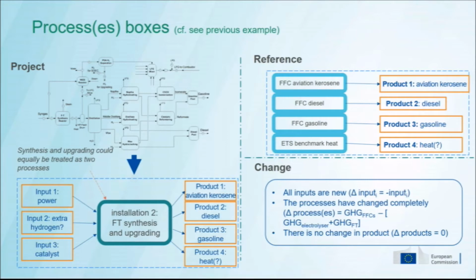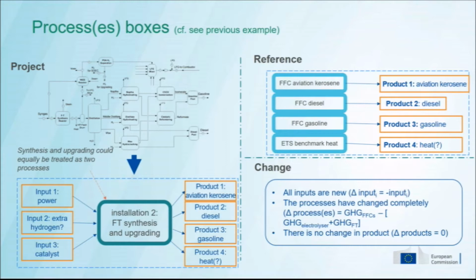So for the process boxes, we're looking again on the left of the slide at the project to begin with. The synthesis and the upgrading could be treated as two processes. Going through the inputs, I'm at the bottom left of this slide now. Our inputs are power, maybe extra hydrogen, and the catalyst.